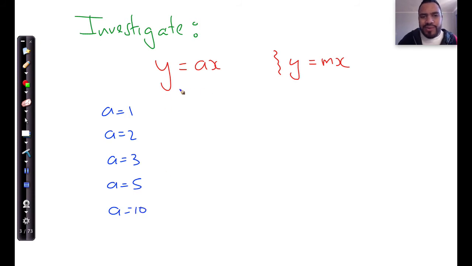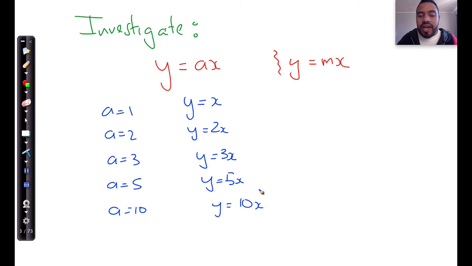Okay, and what does that look like? That's going to be plot the graph of y equals 1x, y equals 2x, y equals 3x, y equals 5x, and also y equals 10x. And how do I want you to plot it?